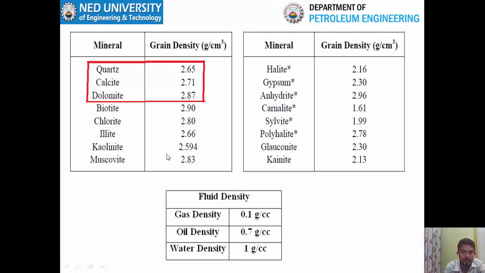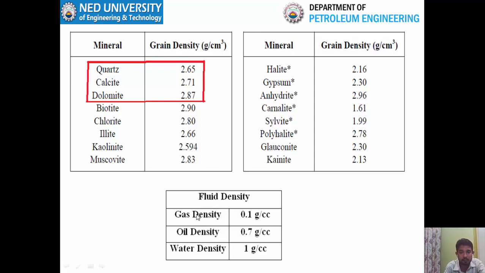As you can see, depending on the mineral, shale has different densities: from 2.59 up to 2.90. Halite, the salt, has a density of 2.16, and so on. So each mineral has a different density.